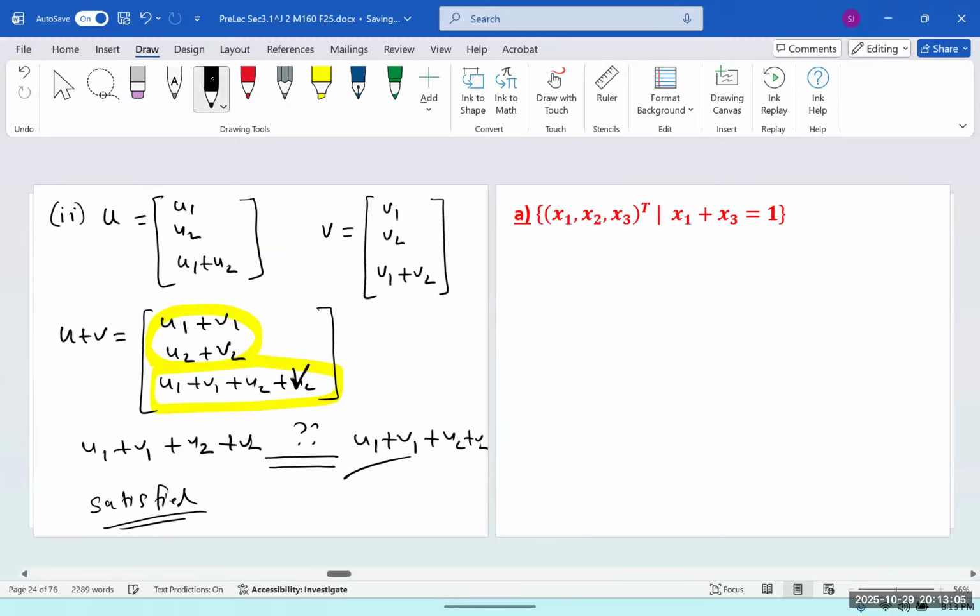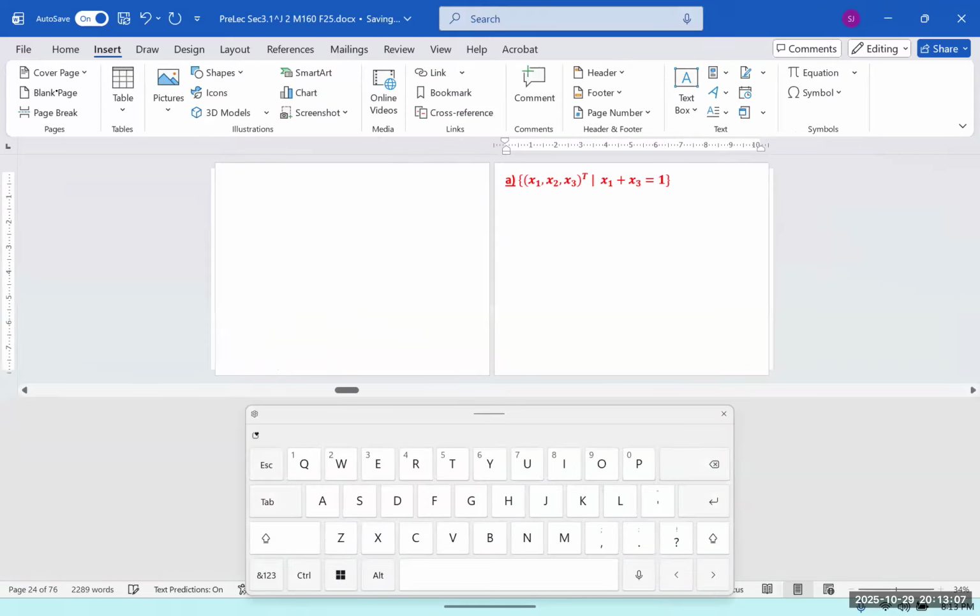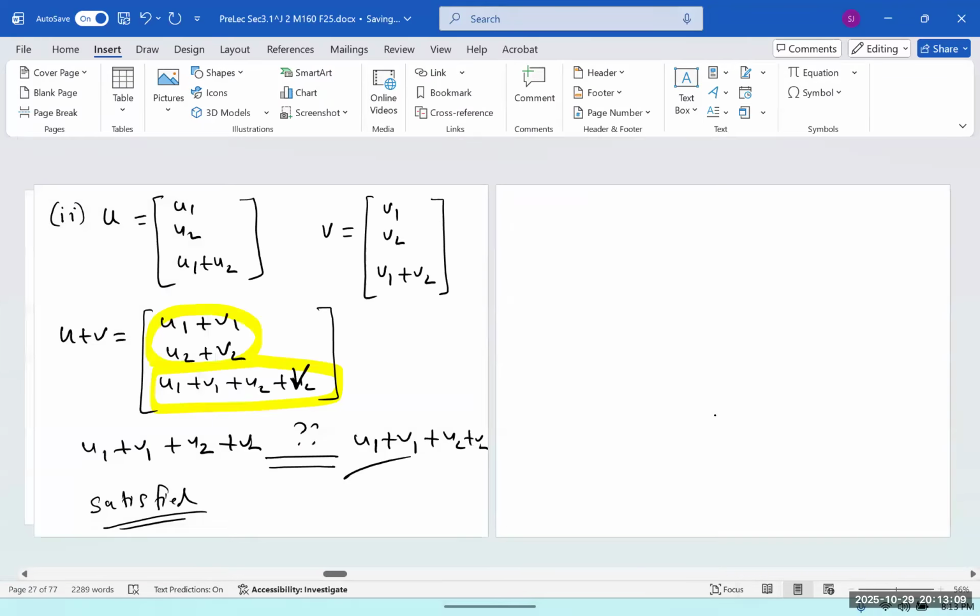Now the third one. C times U gives C U1, C U2, and C times U1 plus U2.